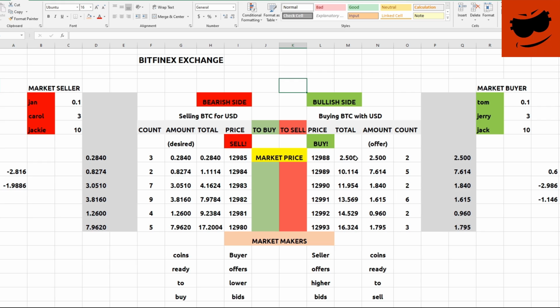Now this total is, obviously, if we were to add 2.5 and 7.6 together, we would have 10.1. So this number is a combination of these two numbers put together, and so on and so forth. As more offers come online, the amount of Bitcoin that you need to acquire to reach a higher price goes up.